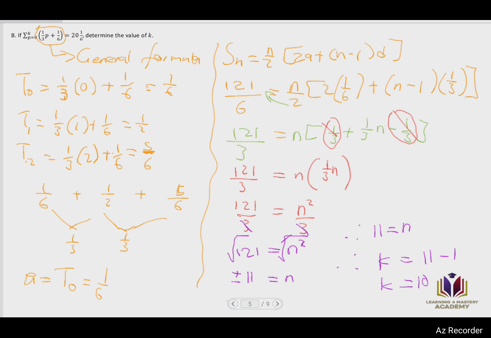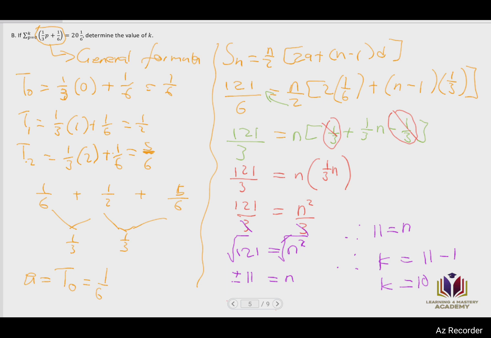Let me maybe emphasize this again. We are subtracting the 1 because when you count from t0 to t10, think about it. Counting from t0 to t10, you're actually going to count 11 times. It's going to be 0, 1, 2, 3, 4, 5, 6, 7, 8, 9, 10.